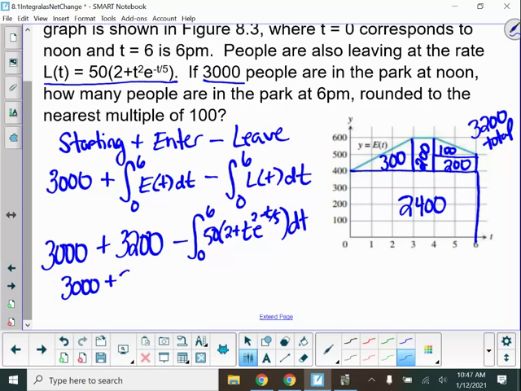So 3,000 plus 3,200, oh, not 32,000. 3,200 minus, if you do this on the calculator, you get 2,106 people.